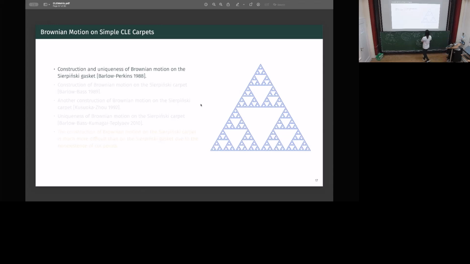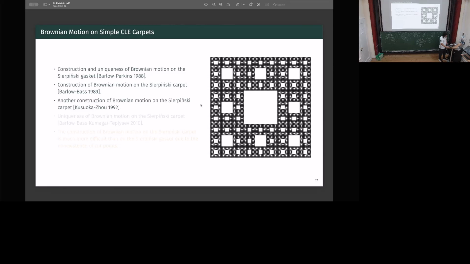These cut points are special because if you have a Brownian motion that starts somewhere here, and you want to go to somewhere here, then it has to pass through these points. So knowing this fact is super useful for studying these Brownian motions.